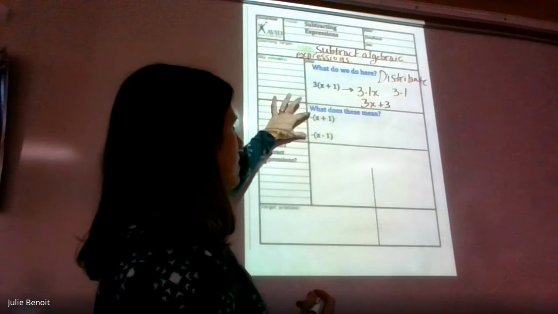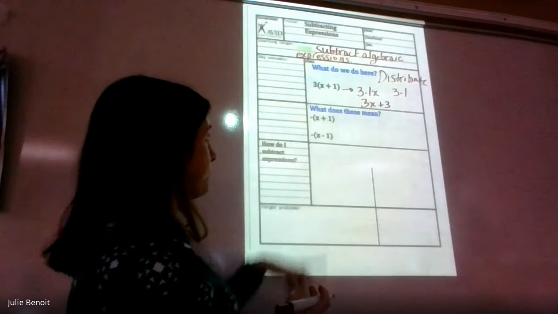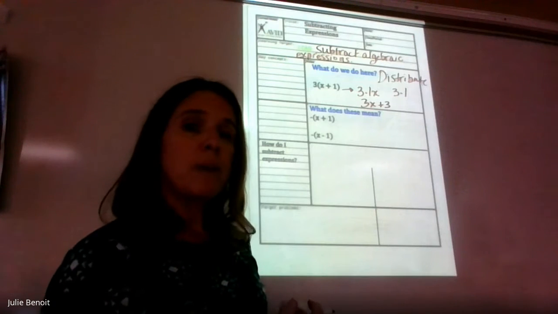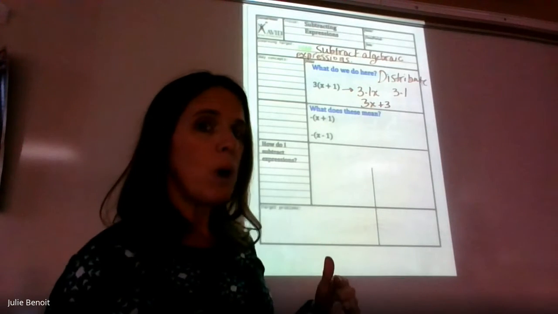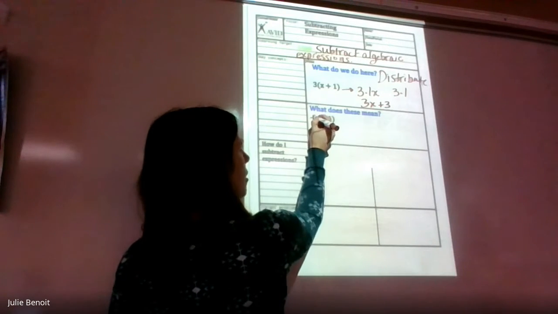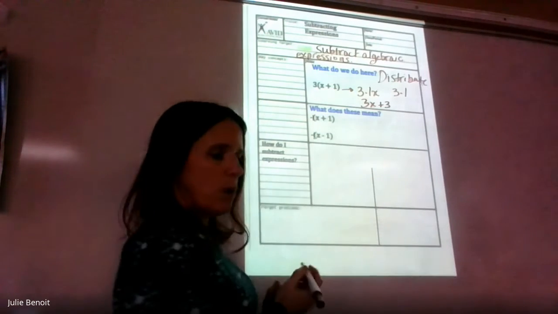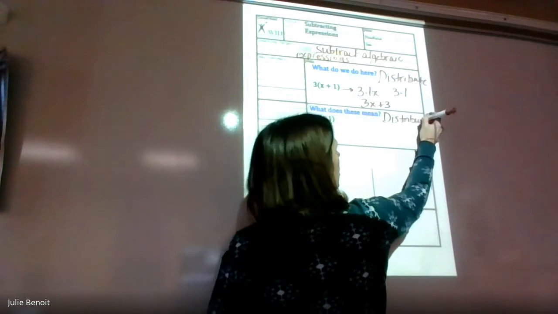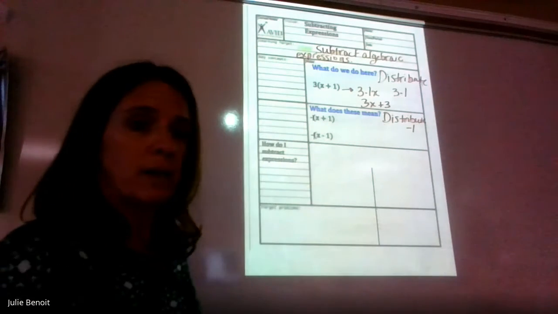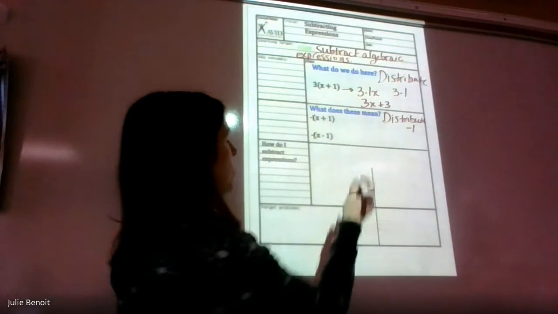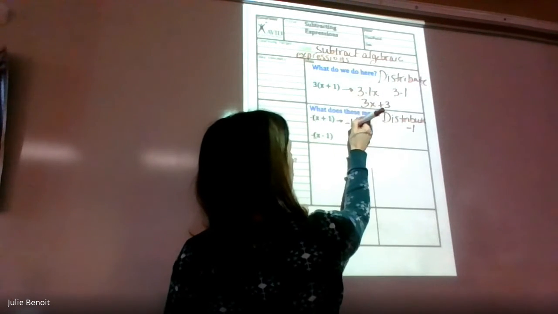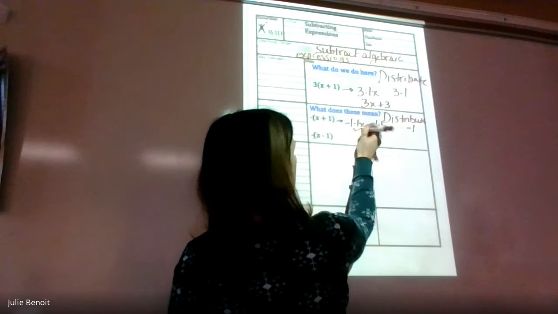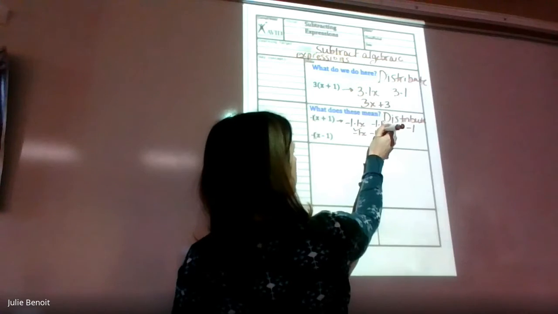So now looking at these two, what do these mean? You don't see a value outside that parenthesis, but just like when we don't see a coefficient and we write a 1 in, it's going to be the same thing here. But it's not going to be a positive 1. We're going to distribute a negative 1. So on the top one, we're doing negative 1 times 1x and negative 1 times 1, which would be negative 1x minus 1.